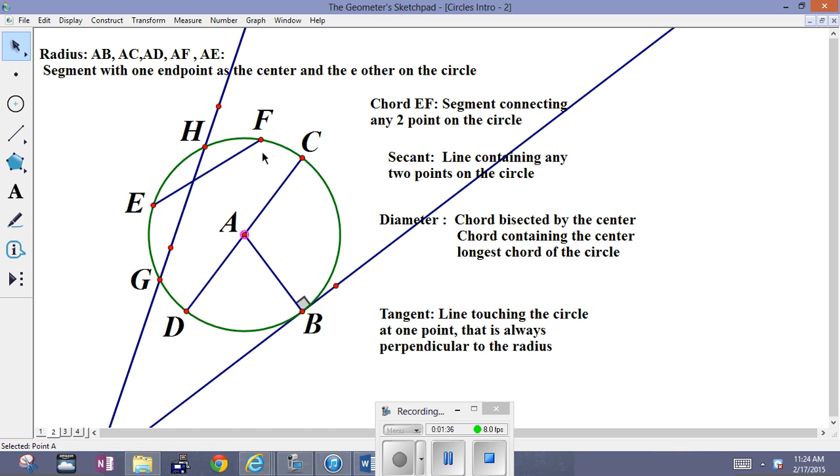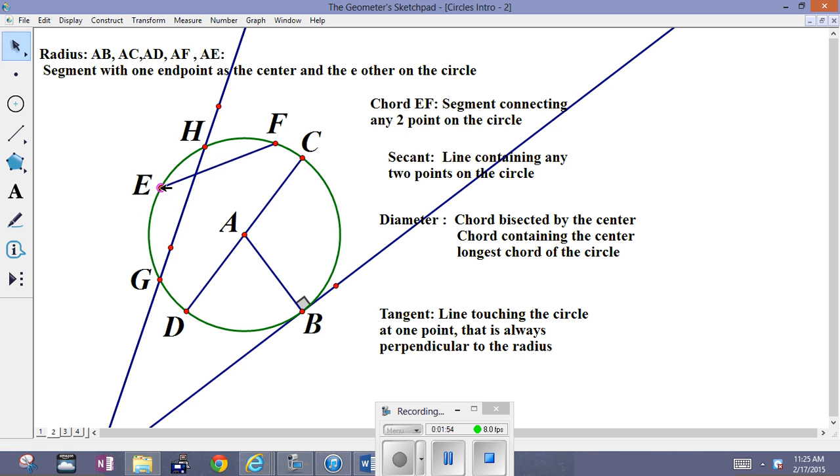We have a chord. A chord is any segment that contains 2 points on the circle. So EF is a chord. The longest chord of the circle is right here. That's the diameter, AD.